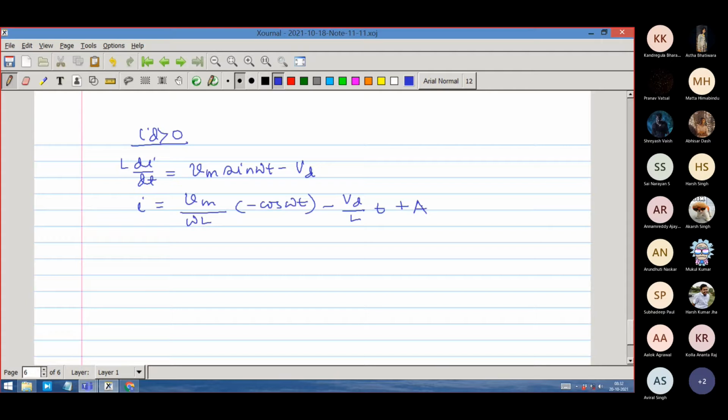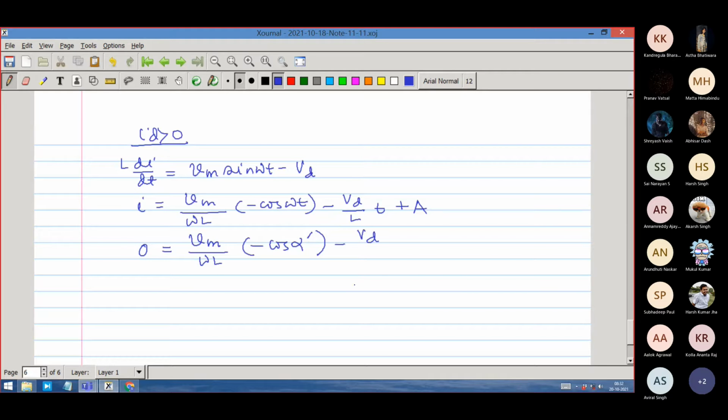What we know is that it is 0 at an angle alpha dash. So we know that this quantity is Vm by omega L minus cos of alpha dash. Alpha dash, you understand why alpha dash, not alpha, as I explained earlier, is equal to minus Vd.